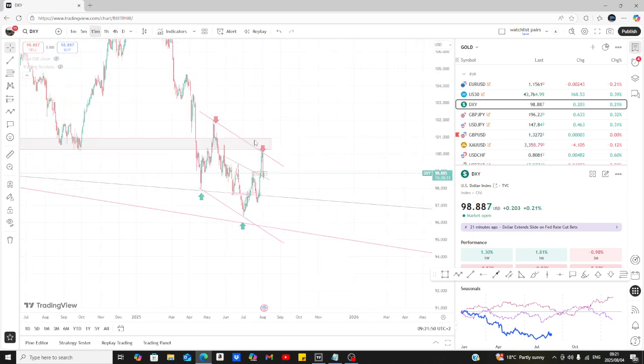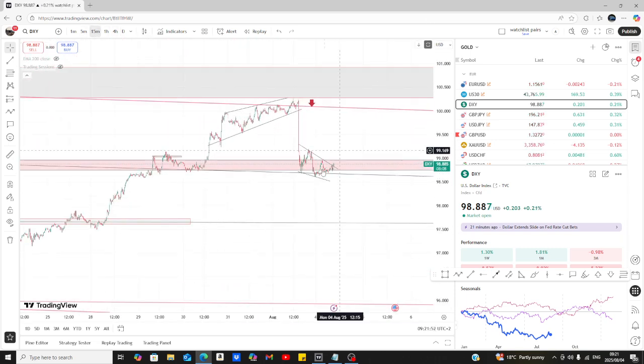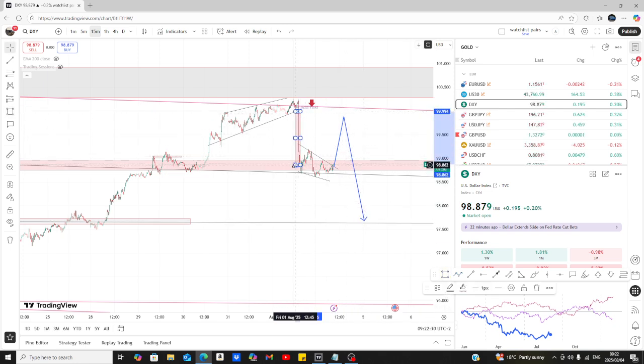Even though the lower time frame is showing bullish, this bullish might be very short. It might just go all the way up to here just to get the unfilled sell orders, because that drop was so sharp from last week. I'm sure that many orders were left open. Look at this drop.